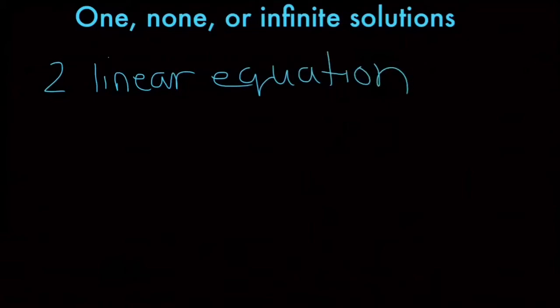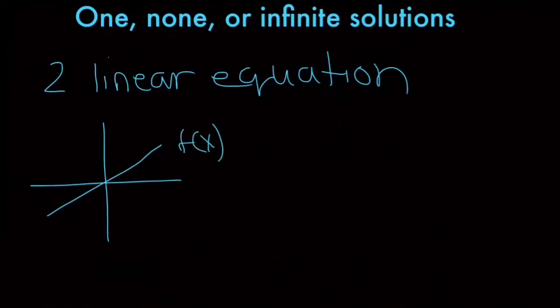This is easily done by equation or by graph. So I'm first going to explain the concept by using graphs. So let's say, here's a graph. They gave you one linear equation that gave us this function, let's call it f of x, and another function which was, let's say, g of x that went like this.